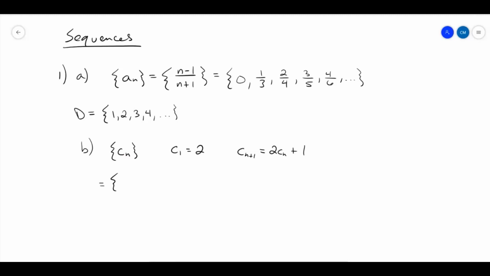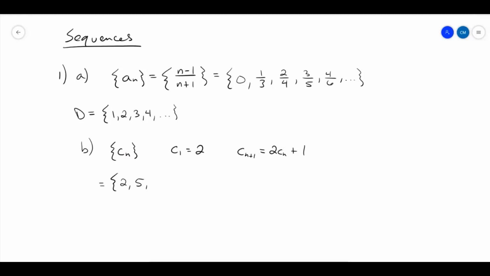The first one is 2, obviously, and then the next one, how do we get the next one? Well, we take the first one, this would be like n equals 1, to find the second term. So we have to plug in the first term to find the second term. Okay, so what was the first term? It was 2, so I would take that first term, multiply it by 2, add 1, get 5. And so that's the next term. And then you can do that to find the third term too, except now we're using the second term to find the third term.